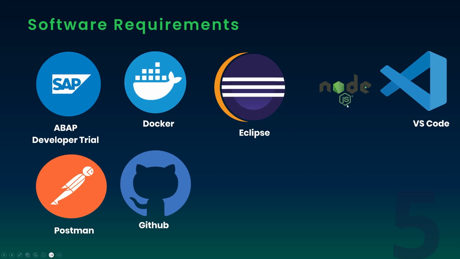Then you need to install Node.js, and you need to install VS Code, where you will write the UI5 applications, and you need to install Postman to check the gateway service, and you need GitHub to deploy your applications. It is the version management system, so you can't lose anything. You can just move back to your previous version whenever you require.